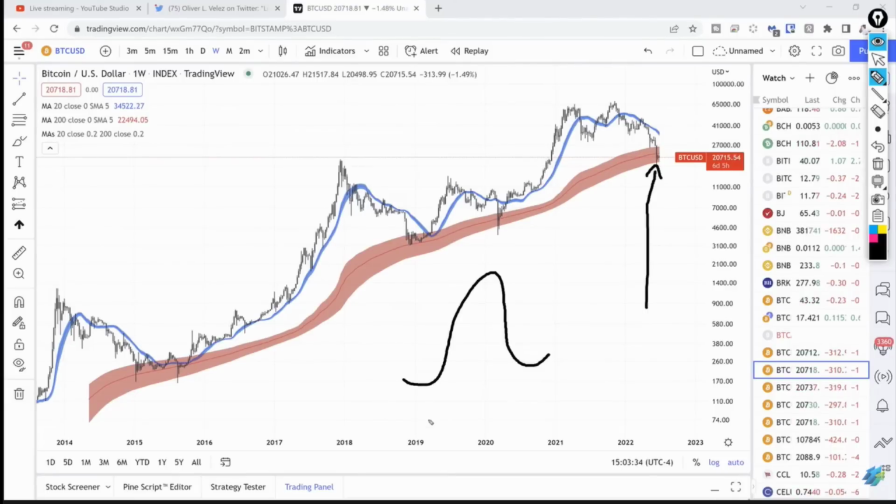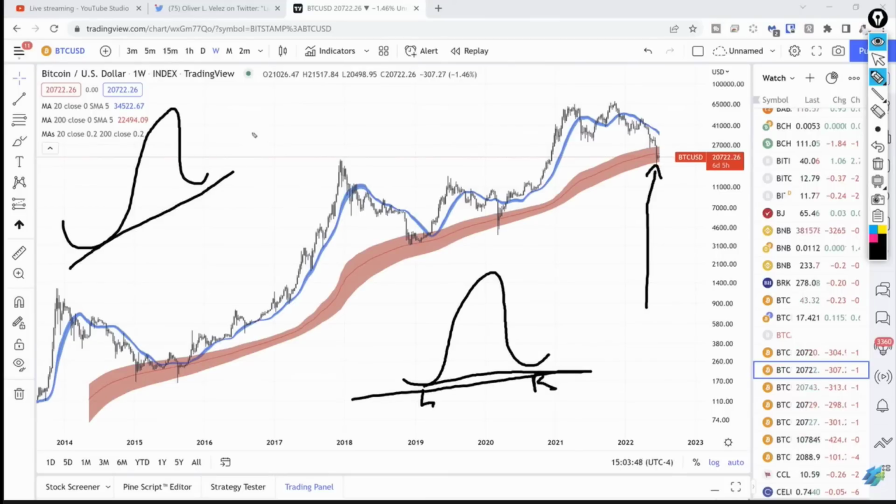Now, what makes this cycle so difficult to ascertain is that sometimes the left leg and the right, or the left foot and the right foot, are not relatively even like this. They're up like this. And sometimes that left foot is higher than the right foot.